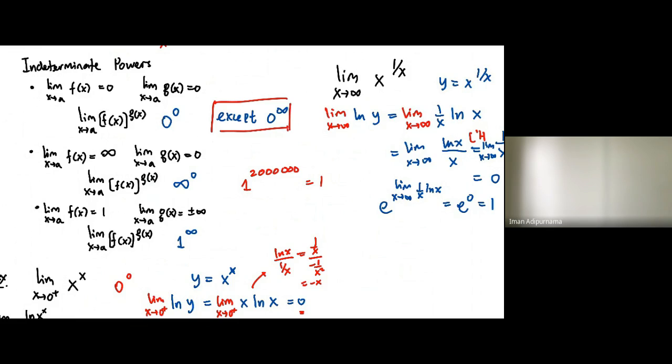Sometimes when you differentiate, it makes things complicated and you need to think of another way. Maybe you need to rewrite the form first and then use L'Hopital, or maybe you don't need L'Hopital at all. It depends on which one you prefer. But this is one method to solve the limit when you have 0/0 or infinity over infinity.